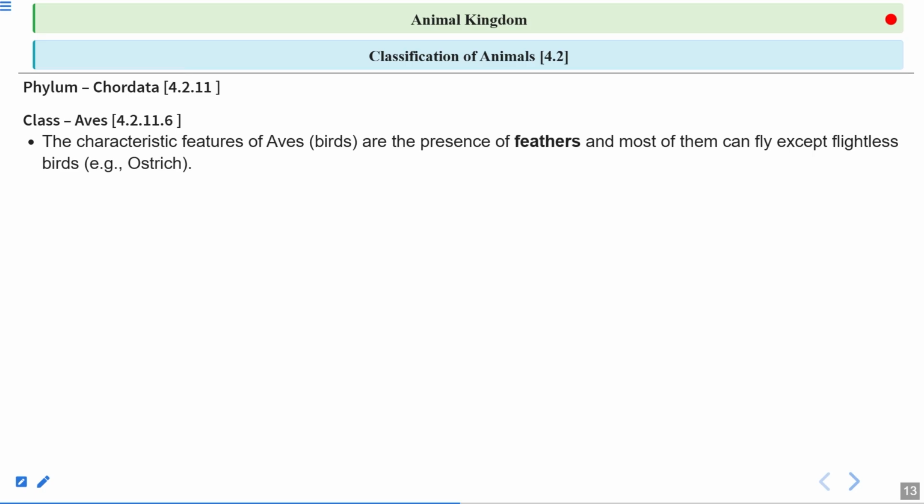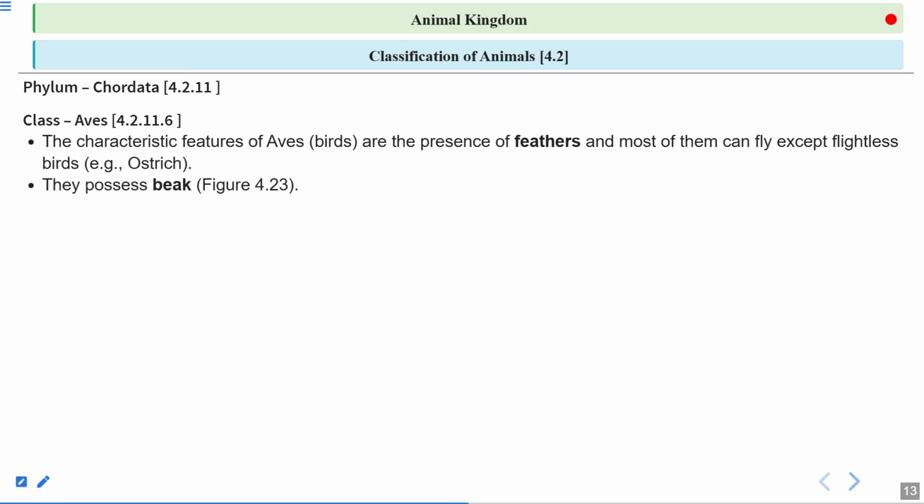Now, if you see the different characteristic features of birds, one of the characteristics that helps them to fly is the presence of feathers. Feathers, right? They possess a beak.